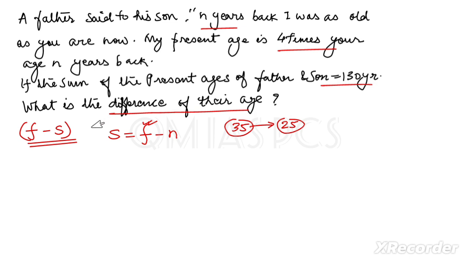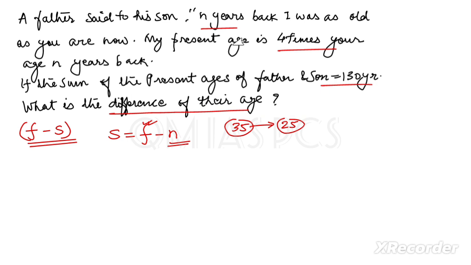That means the son's age is 25. So 10 years before, whatever my age was, that age is your present age. Now I think it is clear. So this is your equation: S is equal to F minus n. This is your first equation.